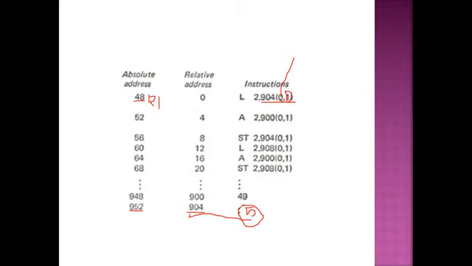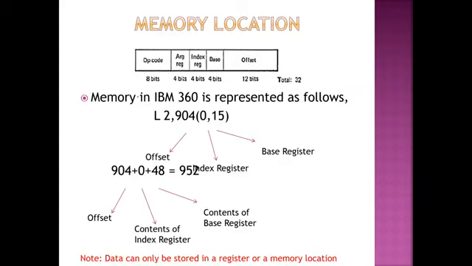Otherwise the index register value is 0. That is why we usually add the displacement with the base register and say, I got my absolute address. Actually you are also adding the index register value, but here it is 0, so you don't bother much. So this is what I wanted to tell you.